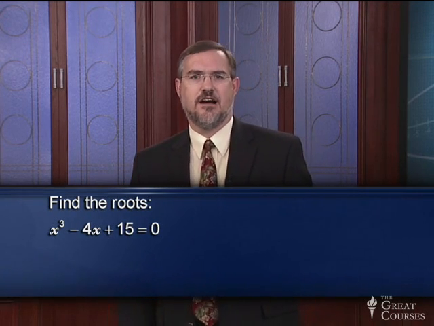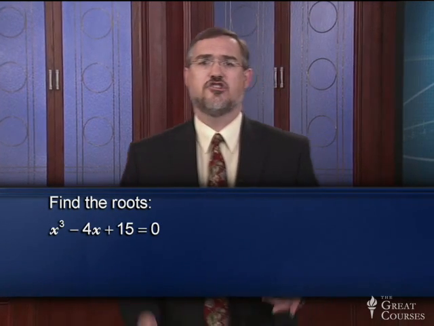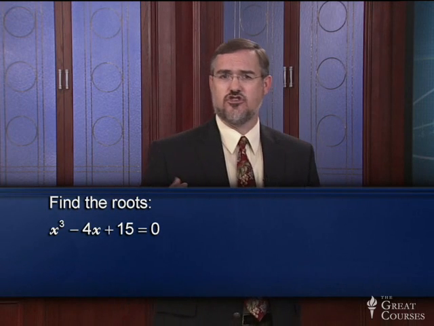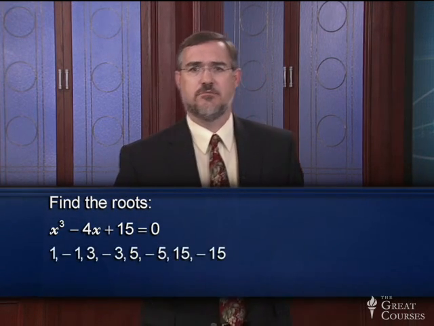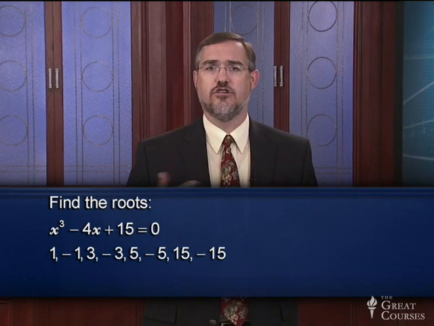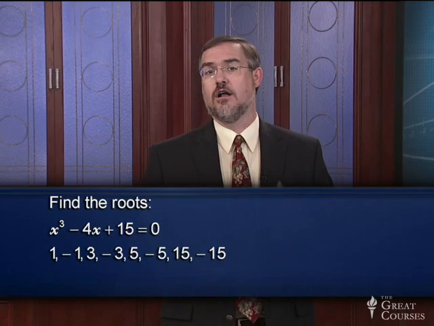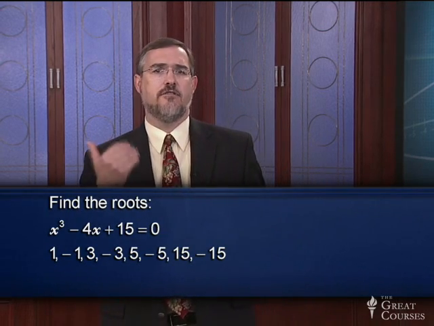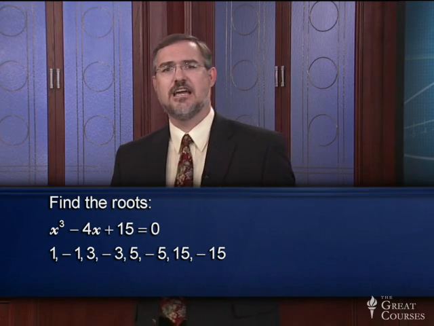So in this case, my constant term is 15, and my leading coefficient is 1. And so the possible rational roots of this equation are going to be something like 1 over 1 or -1 over 1, and then possibly 3 over 1 or -3 over 1, 5 over 1 or -5 over 1, and 15 over 1 and -15 over 1.